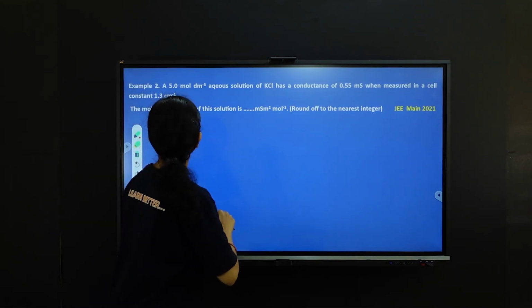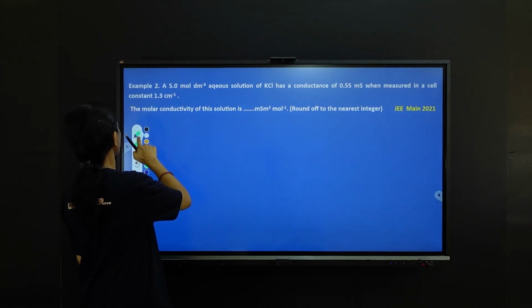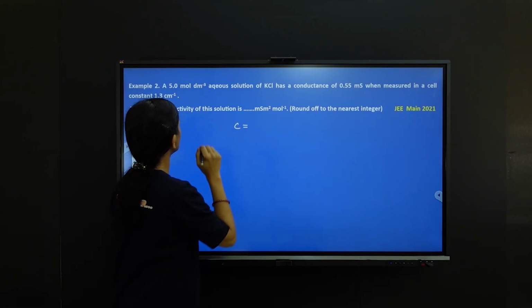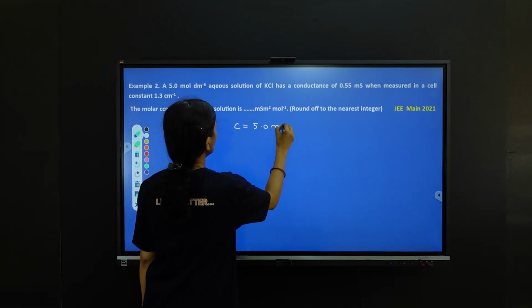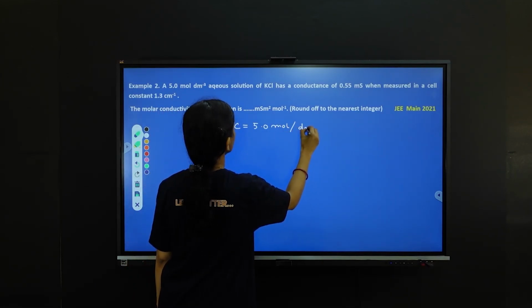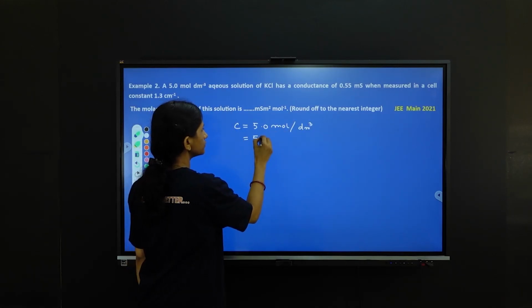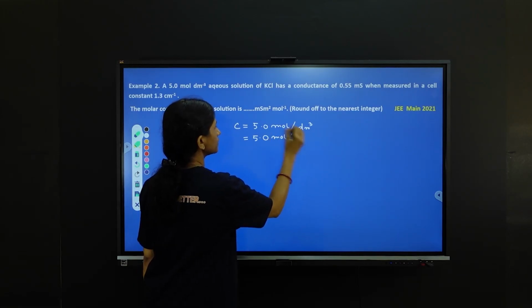Now, what information is given? The concentration is given as 5.0 mole per cubic decimeter, which is equivalent to mole per liter as well.